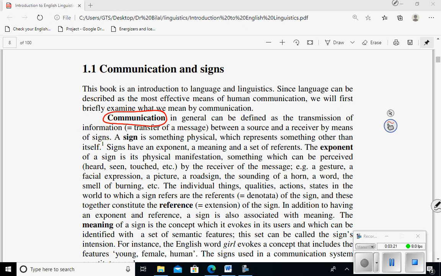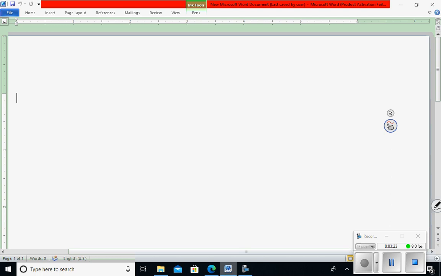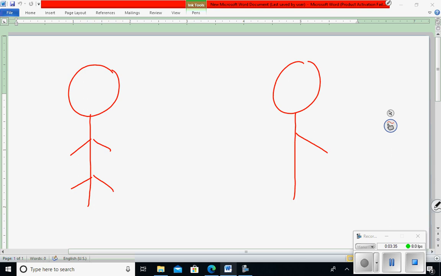So when we talk about communication, we need two persons. Let me keep it as simple as that. Two persons: a sender and a receiver, or a speaker and a listener, whatever you think about it.